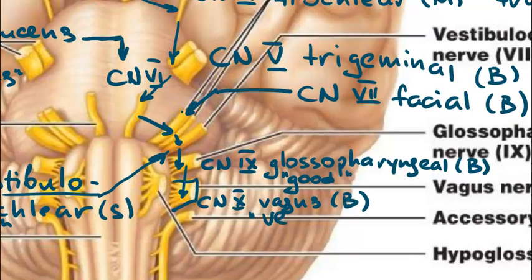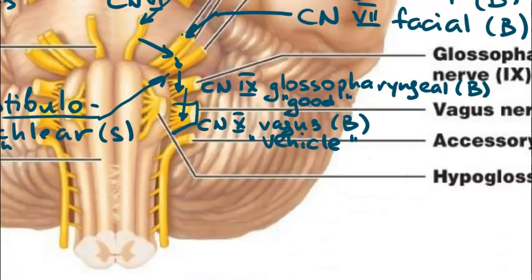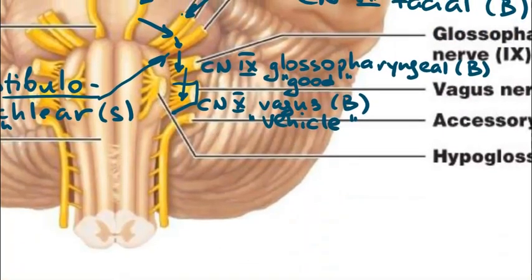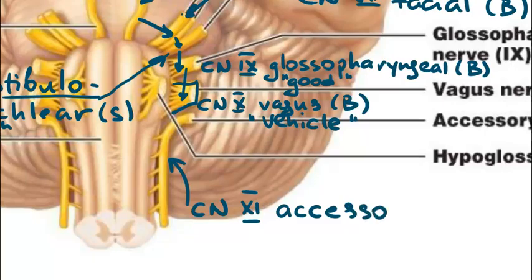The word is "vehicle". Now this nerve here is cranial nerve 11, accessory. It's a motor nerve.